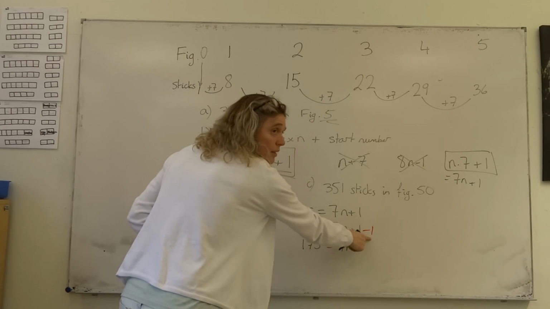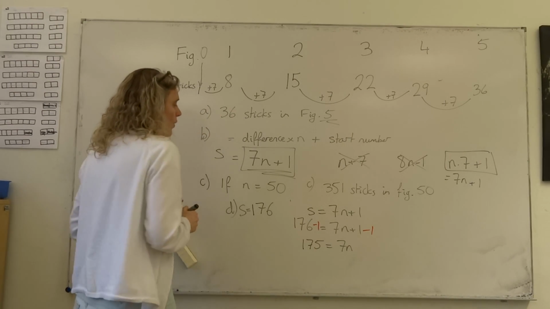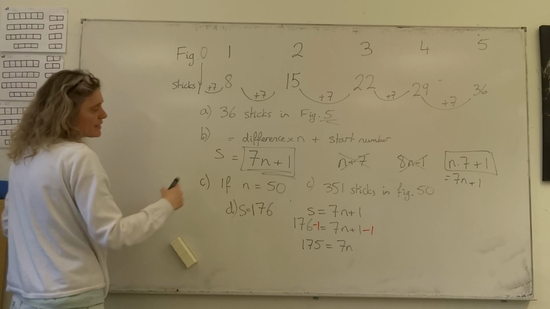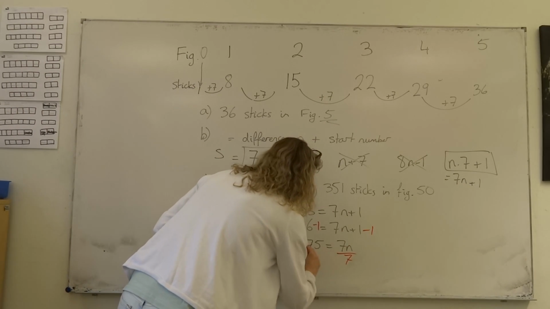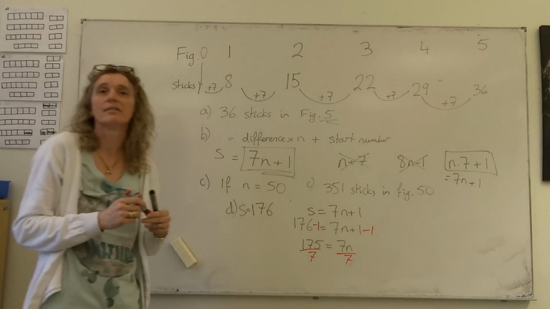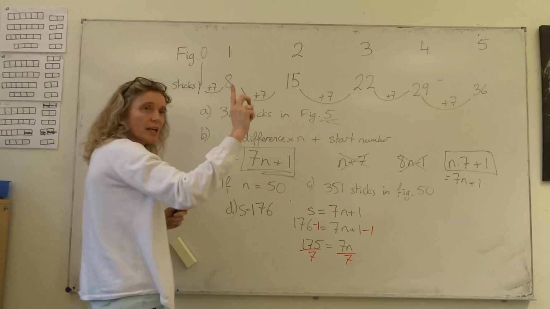1 minus 1 disappears here. 176 minus 1, 175. Okay, so 175 is 7 lots of n. Let's divide both sides by 7. That gives us what 1 lot of n is. We don't want to know what 7 lots of n is. We want to know what the figure number is.